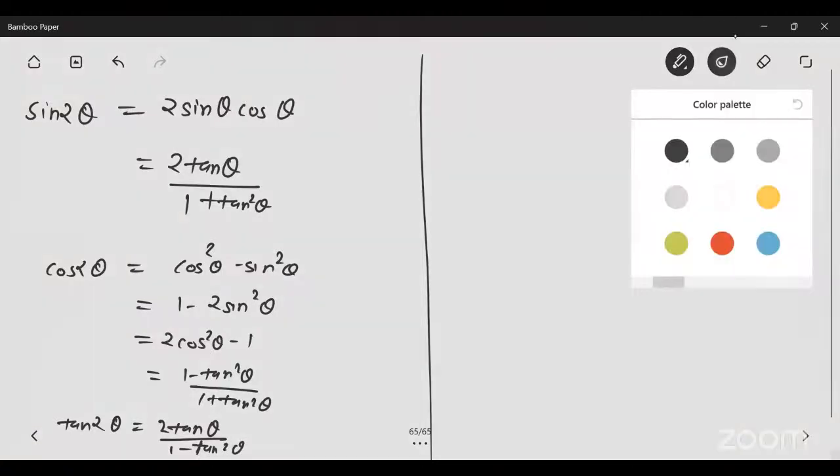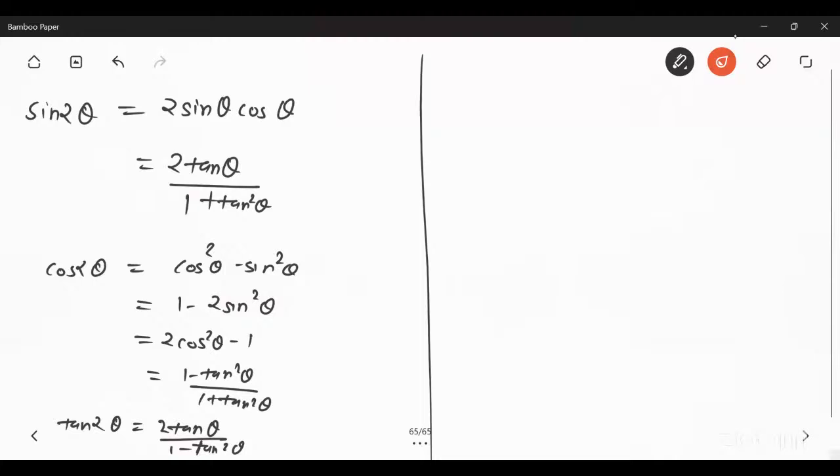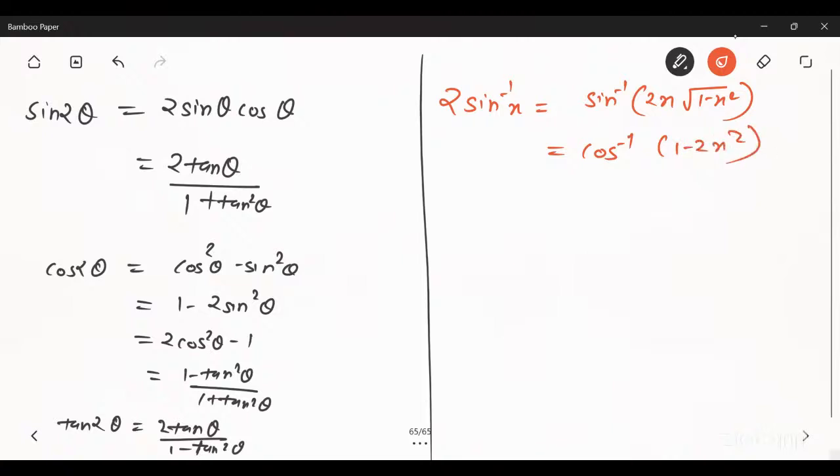Now, the formula of 2 sine inverse x. So 2 sine inverse x is equal to sine inverse of 2x under root 1 minus x square, or cos inverse of 1 minus 2x square. Okay. Now the next formula, of 2 cos inverse x: 2 cos inverse x is equal to cos inverse of 2x square minus 1.